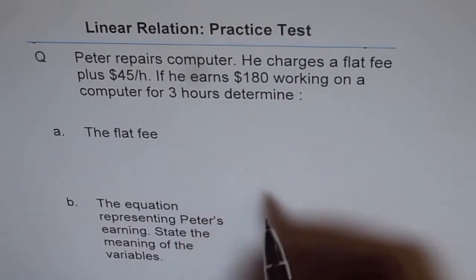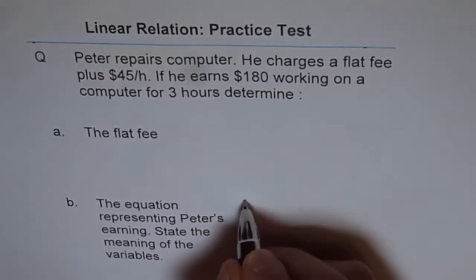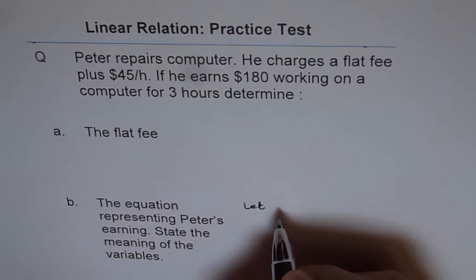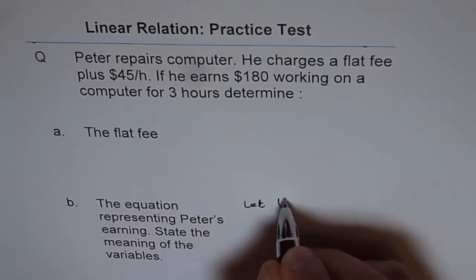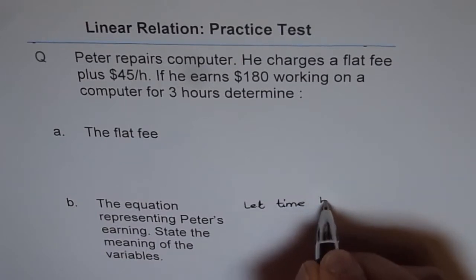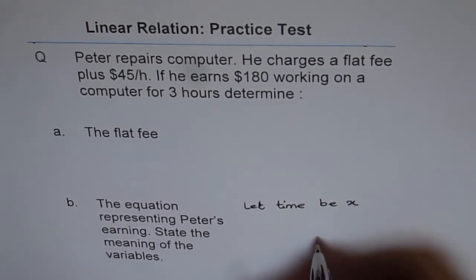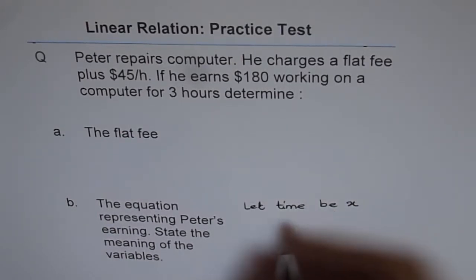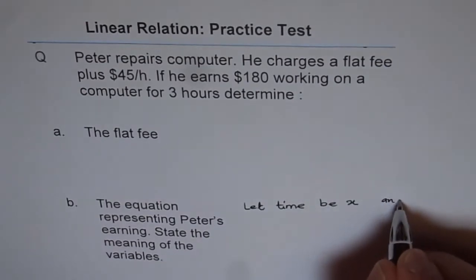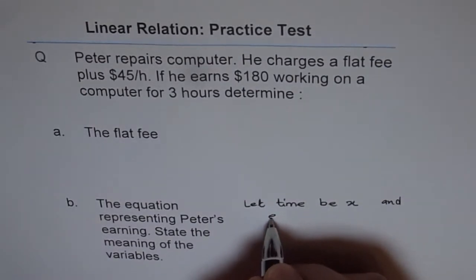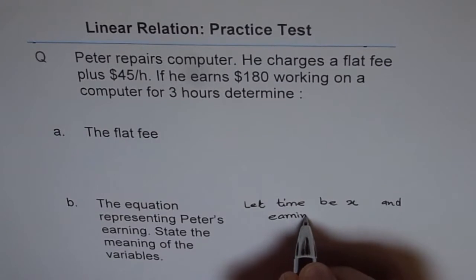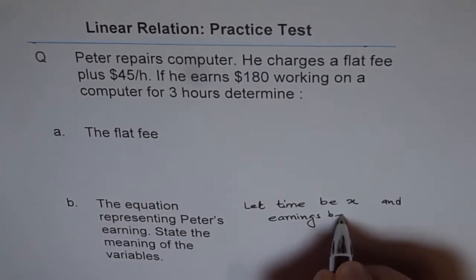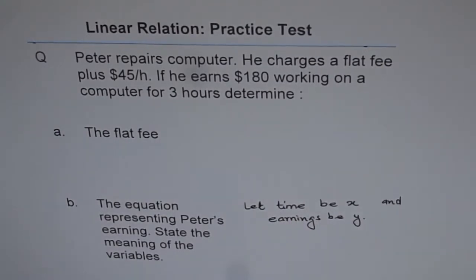So we'll define our variables here and say let the independent variable time be x and earnings be y, right?